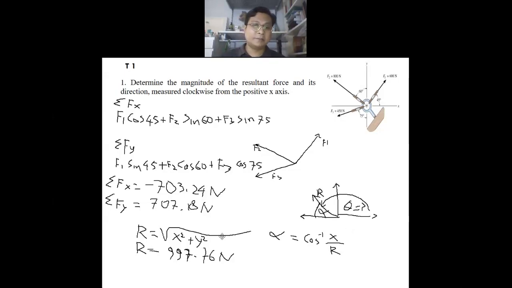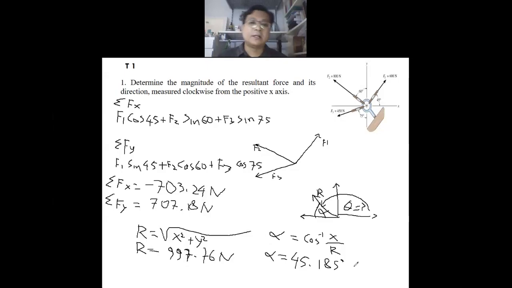Calculate this one because x is already defined, and then r is also already here. Just input here. I got around 35.105 degree.